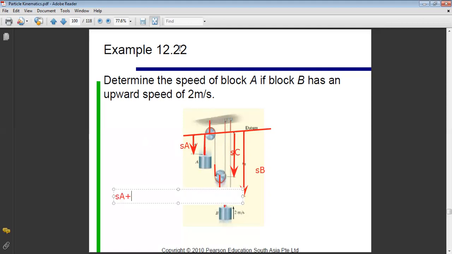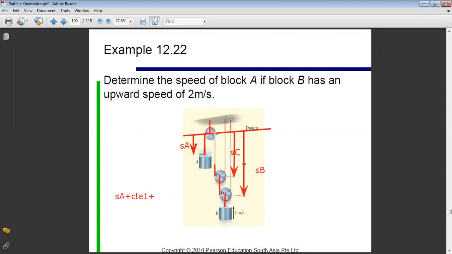Now, as we said before, this part which is over the pulley is a fixed length, but we can simplify it: you can add plus constant, and it will be eliminated when you do the derivative. Plus constant 1, let's call it, which is the length of this part here. Now, when you go from this point to this one, what is this length?